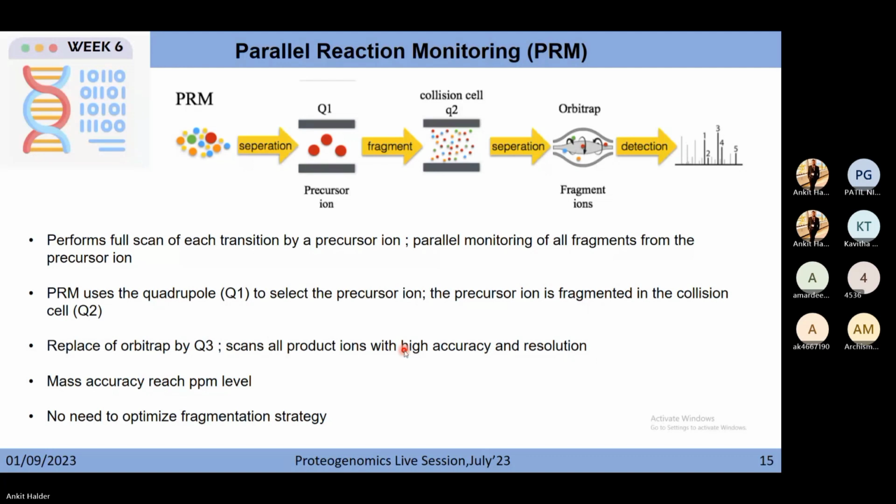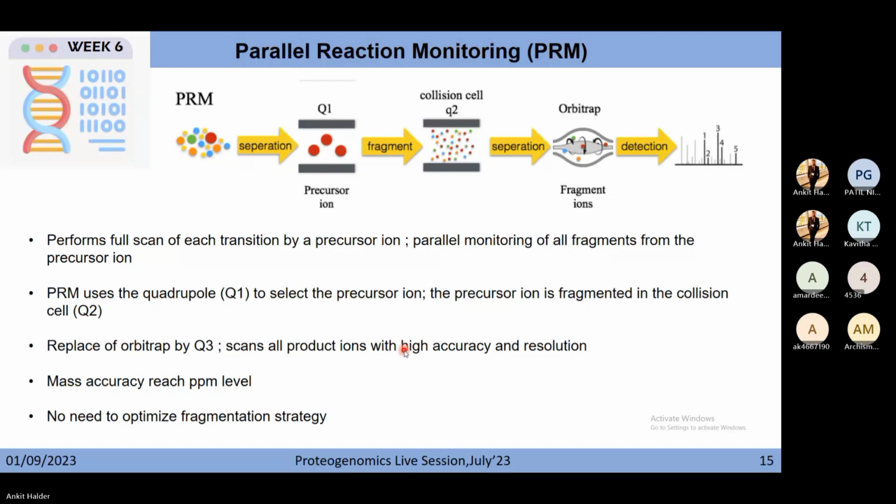Orbitrap generally provides better resolution, so mass accuracy can reach the ppm level.